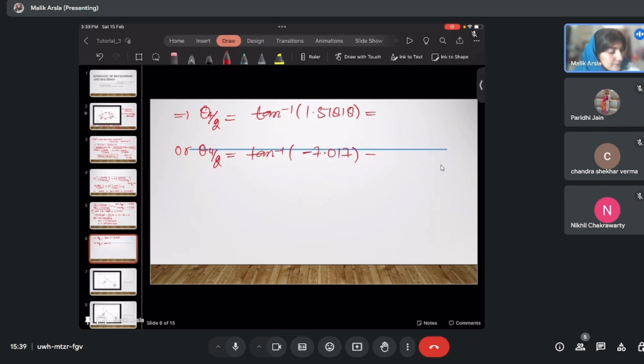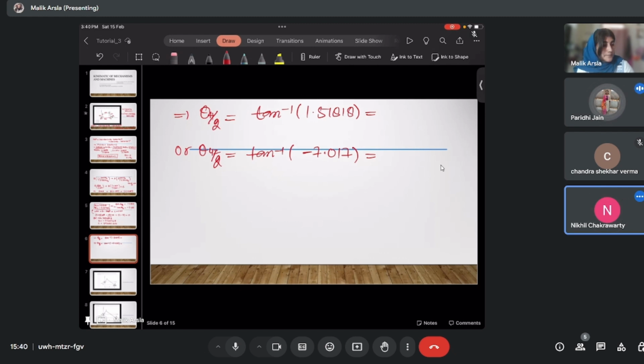So quickly tell me what this value is coming out to be. We can call it theta 41 and theta 42. So what is theta 41 coming out to be when you substitute tan inverse of 1.51818?